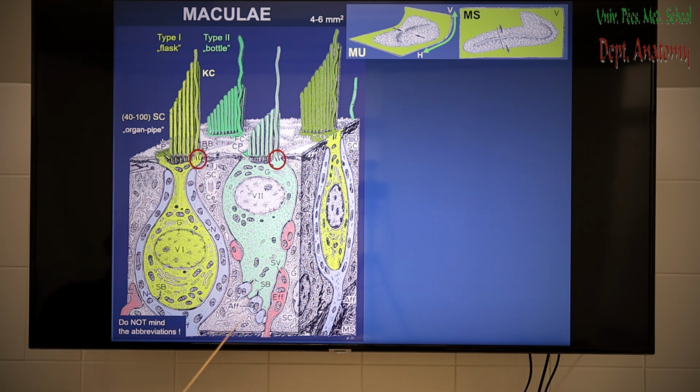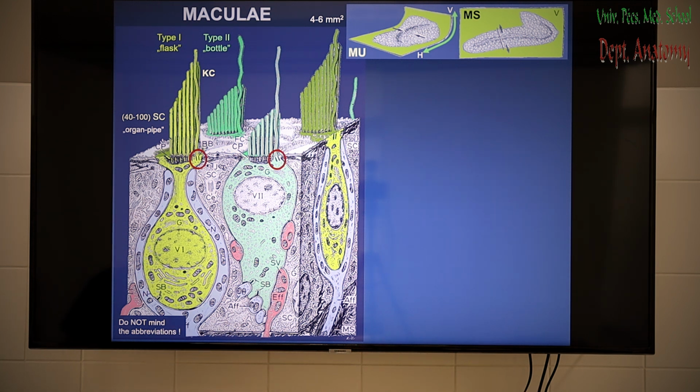In the other case, the afferents make just small contacts with the hair cell itself. In both cases, the sites of synaptic transmission are unique, something like we saw in the visual system. There are synaptic bars surrounded by small synaptic vesicles in both cases.